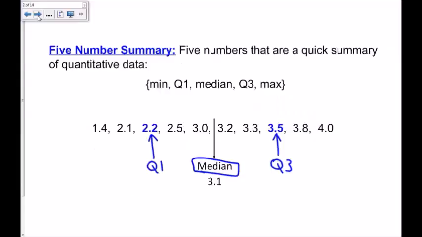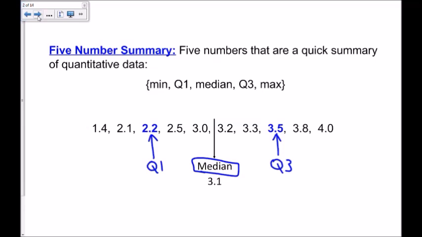The 5-number summary is 5 numbers that are a quick summary of quantitative data. Those numbers are the minimum, Q1, the median, Q3, and the maximum.